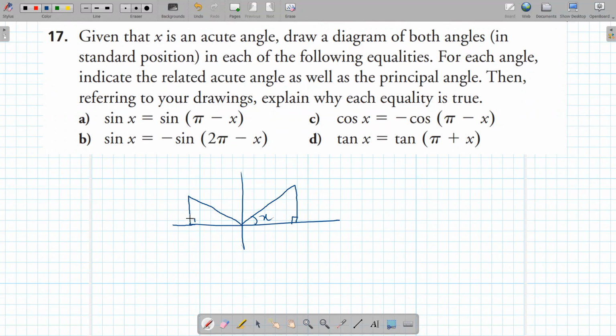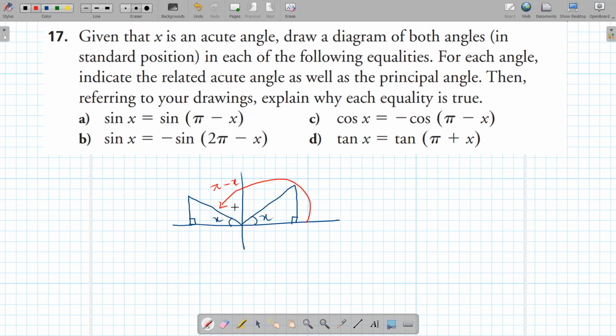So this is going to be x, the acute angle, and our principal angle, this one, is going to be pi minus x. And then you're just drawing your related acute angle on the other side, because we're trying to show that both of these triangles have the same measurements, or same ratios.